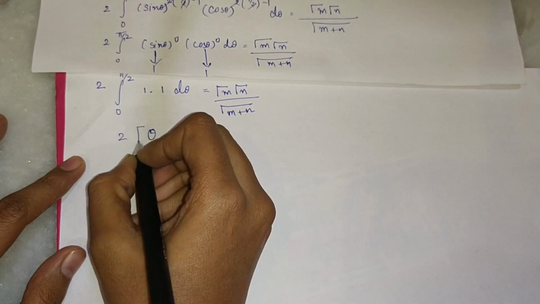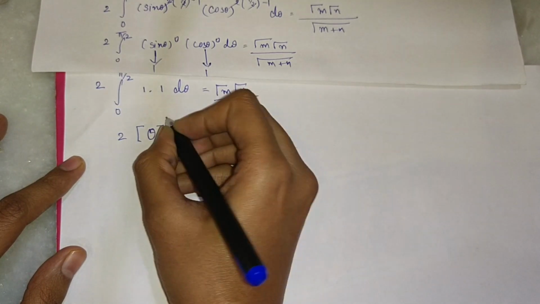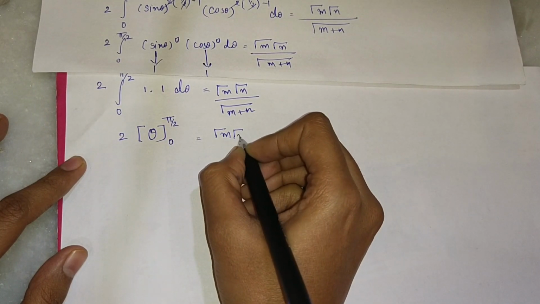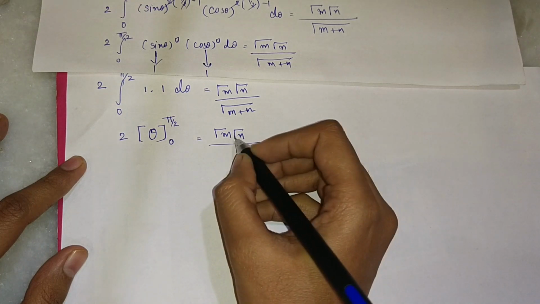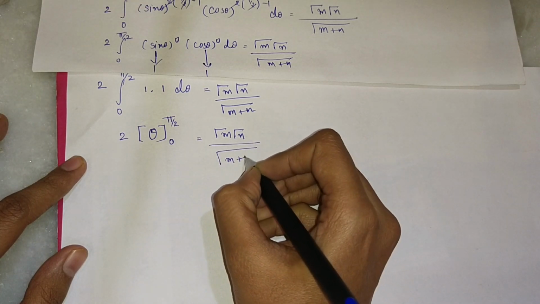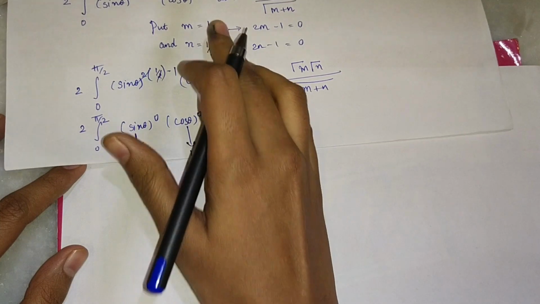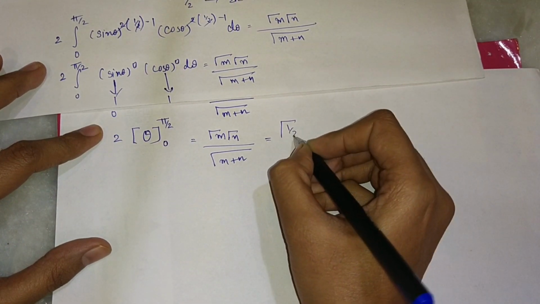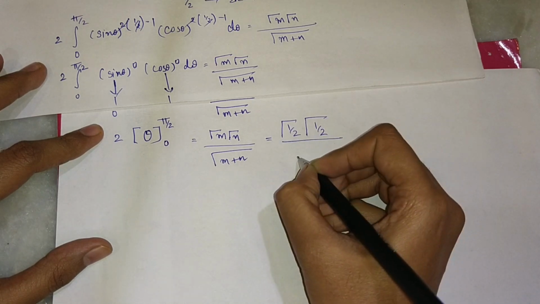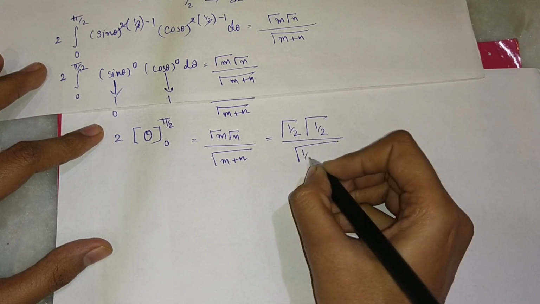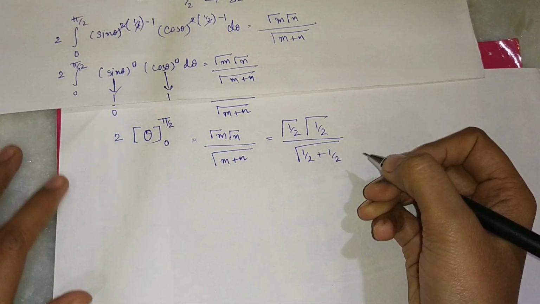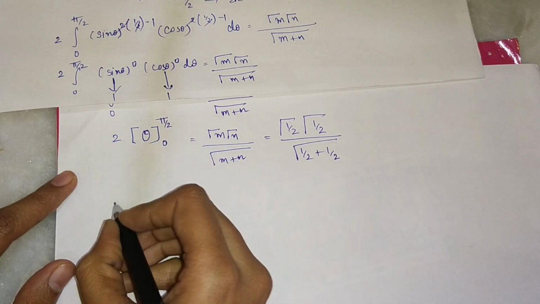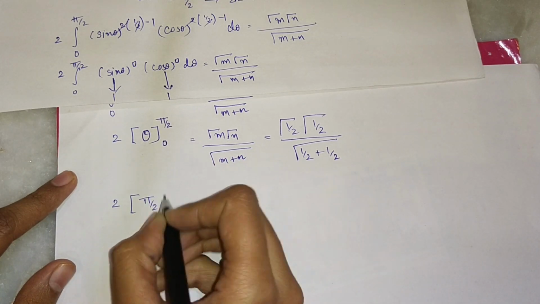So 2 theta, and then we put limit here, 0 to pi by 2, equals gamma m gamma n. Here also we will substitute the value of m and n. Here we took m equal to 1 by 2 and n equal to 1 by 2. So we can write here also gamma 1 by 2 gamma 1 by 2 divided by gamma 1 by 2 plus 1 by 2. Okay, now if we put limit here, then we get 2 into pi by 2 minus 0.